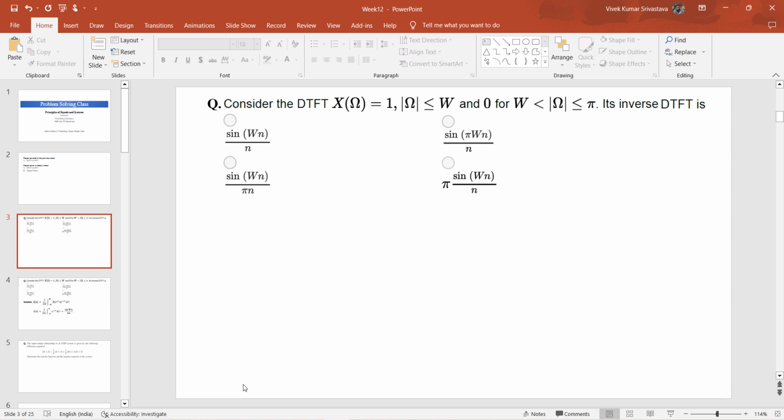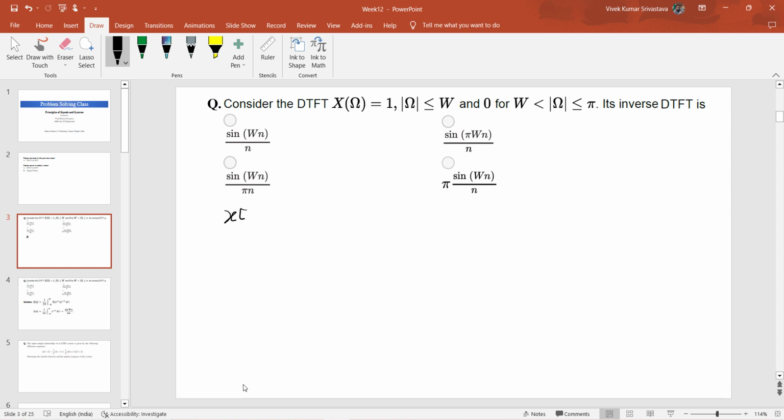To solve this problem we can use the expression of the inverse DTFT, which is x of n equals 1 over 2 pi integral from minus W to W. Let us first plot X of omega with respect to the omega axis.